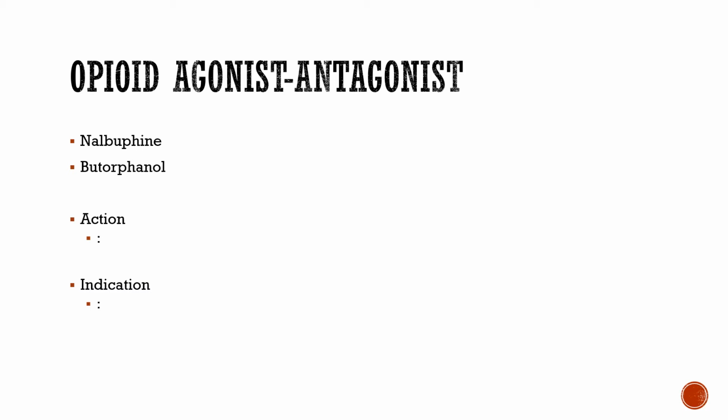Our indications are pretty much the same as our opioids, especially with the moderate to severe pain, adjunct to anesthesia. But these we do use during labor and delivery. And another thing that we use these for that we don't use opioids for is treatment of opioid dependence.